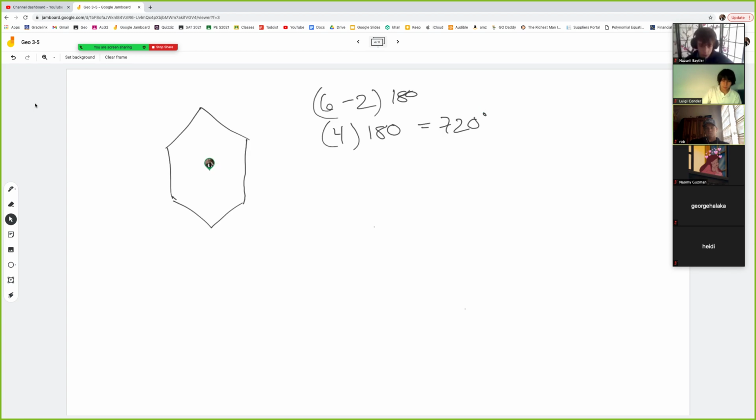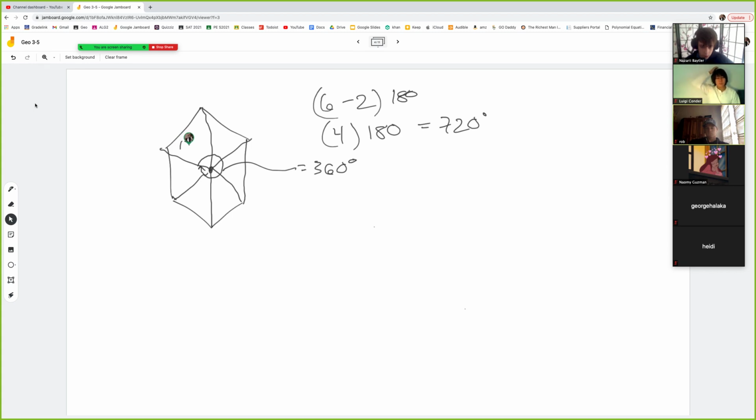Well, if we basically create triangles to each one of these points, we know that here, this all the way around equals 360 degrees. Okay? So, again, each triangle has 180 degrees, right?